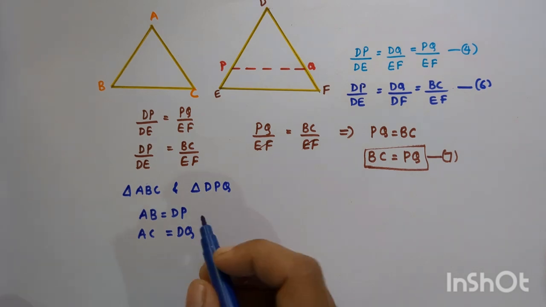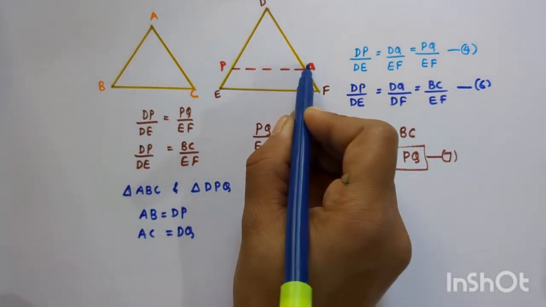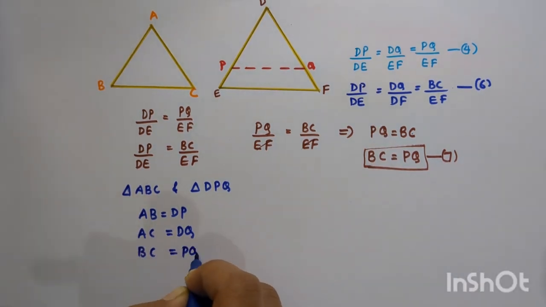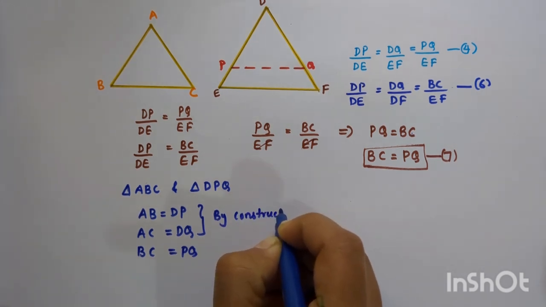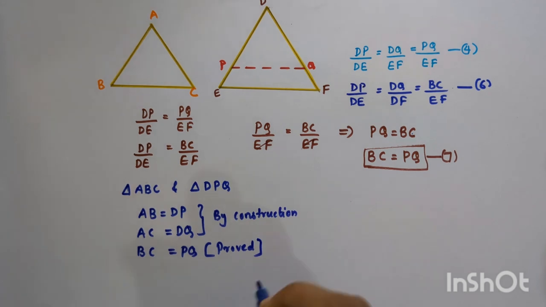And we proved that BC is equal to PQ. So these two are by construction, and this thing we proved.